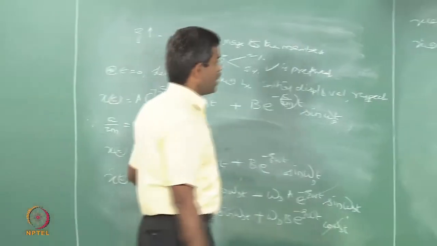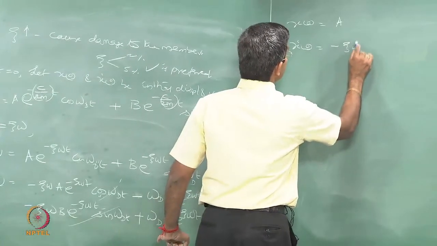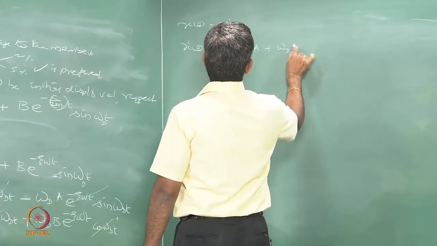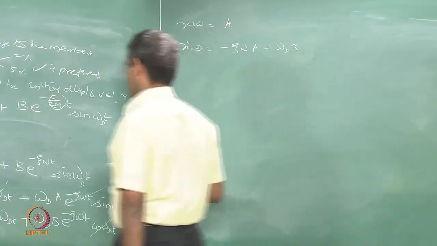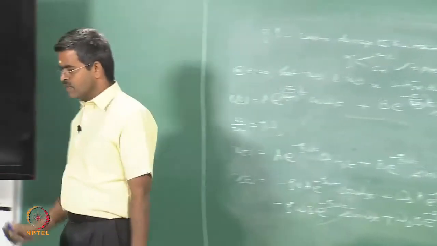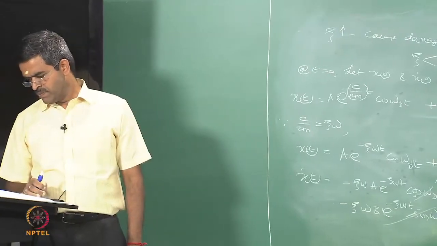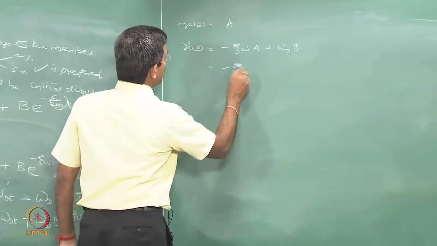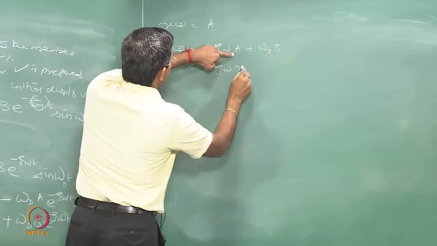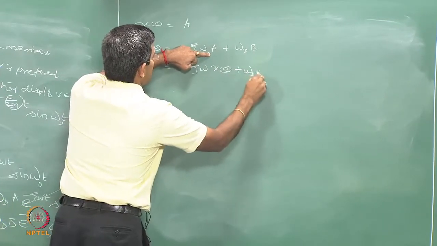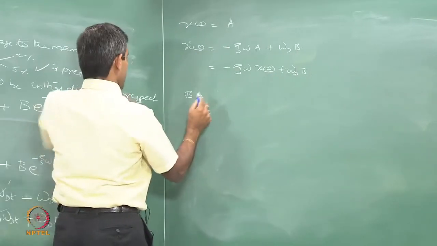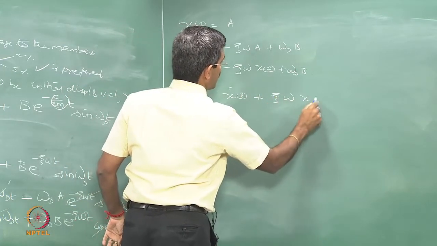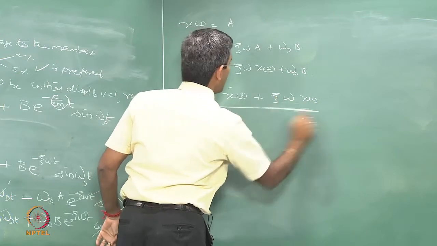So, minus zeta omega a plus omega d b, which is minus zeta omega a is x naught plus omega d b, which gives me b is x dot 0 plus zeta omega x naught by omega d.